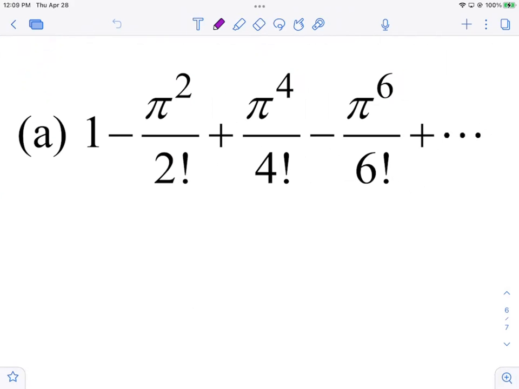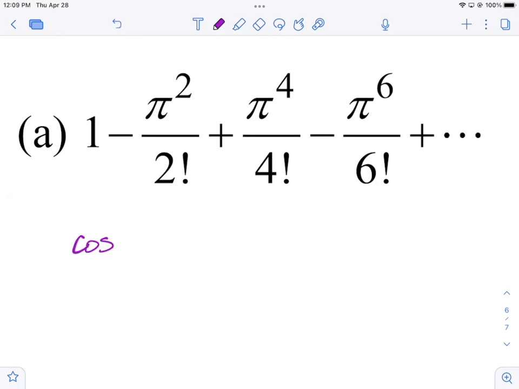It's an alternating series, right? We memorized 2 alternating series. Sine and cosine we memorized. This one, if it's got a shot, has to be which of the 2? It's got to be cos because it's even, right? It's got even powers. So this is actually cosine, but instead of x, we see a what? Pi, right?